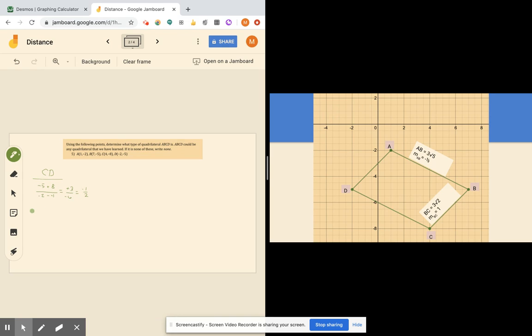And for your distance, okay, negative 5 plus 8 squared plus negative 2 minus 4.